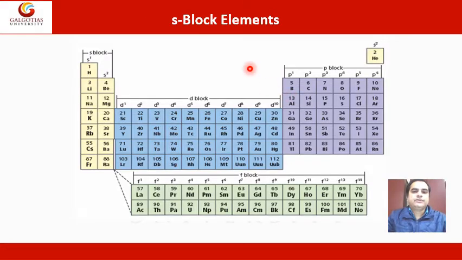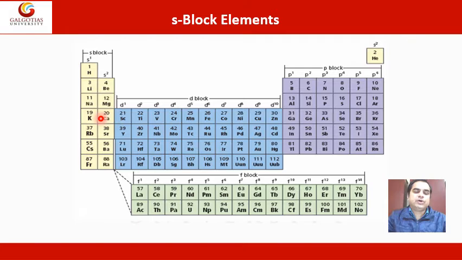In this slide, we will discuss the position of S and P block elements in the modern periodic table. As we can see, the yellow highlighted columns are the first, second, third, fourth, fifth, sixth, seventh, eighth, ninth, 10, 11, 12, 13, 14, 15, 16, 17, 18.